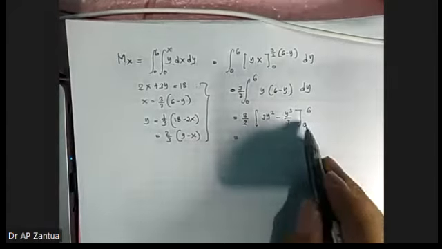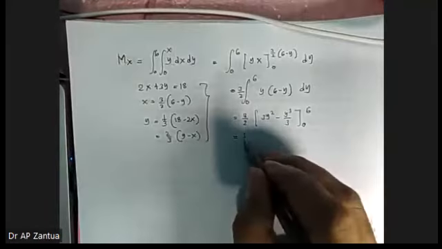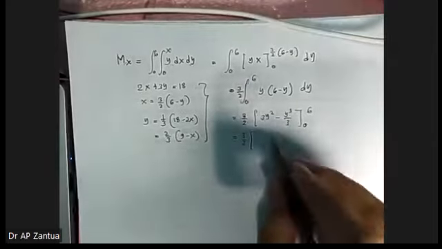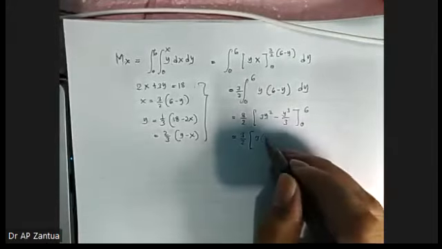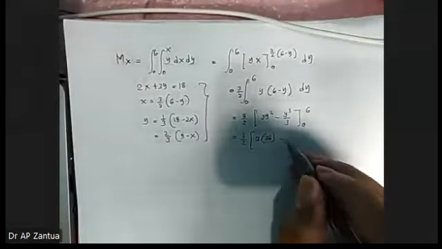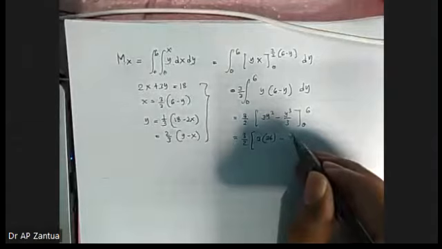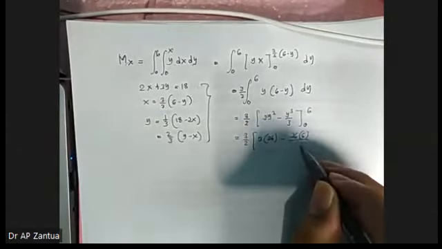If you do it with 0, both of these will become 0. So 3/2 times 36, and then minus 36 times 6 over 3.